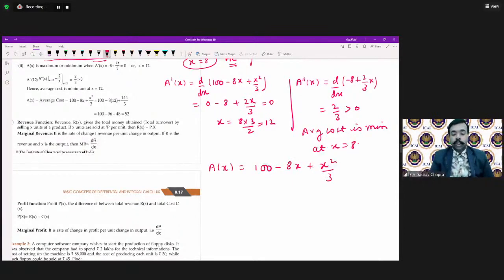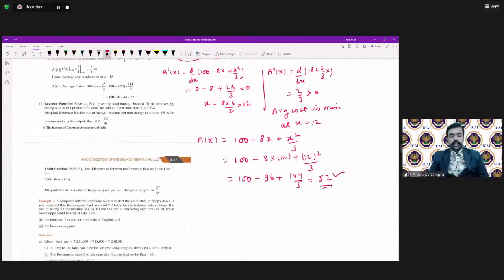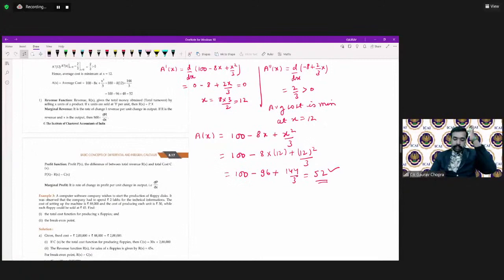So if we are required to calculate the average cost, we will do 100 minus 8 into 12 plus 12 square divided by 3. So we will get 100 minus 96 plus 144 upon 3, that is equal to 52. So this 52 is nothing but the average cost. In this pattern, we can calculate all these application-based questions.